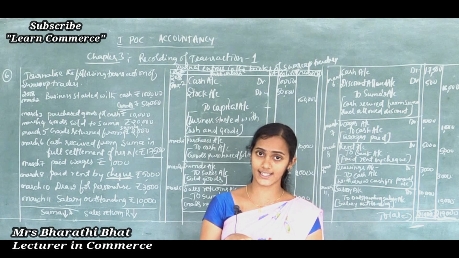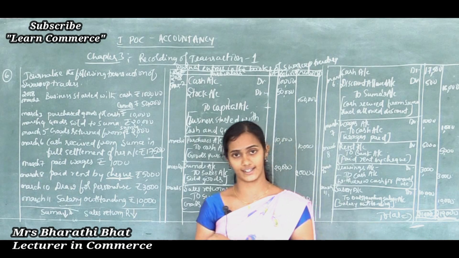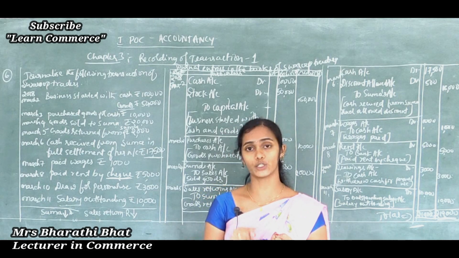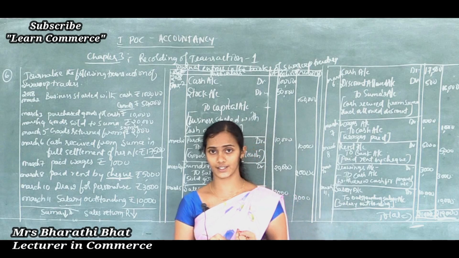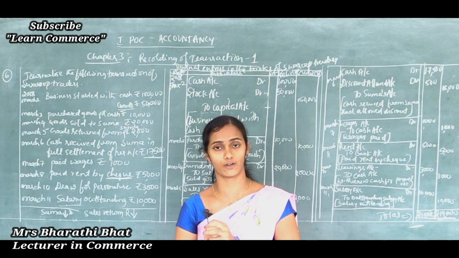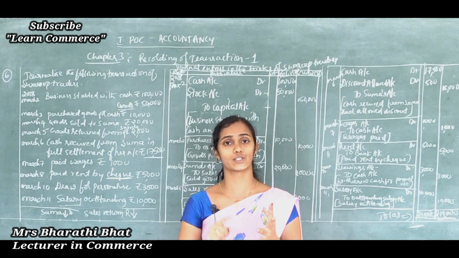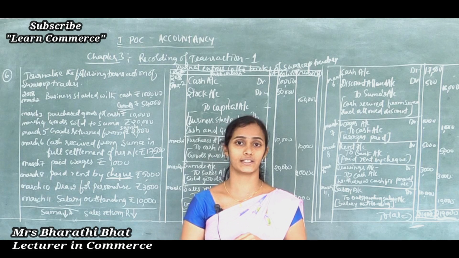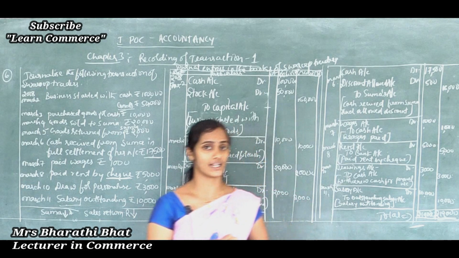Then we should analyze whether it has increased or decreased. Then, very simple, we need to apply the rules of debit and credit. Before that, we should know the rules of debit and credit of each account: assets, liabilities, expenses, revenues and capital. Then only we can pass the journal entries.